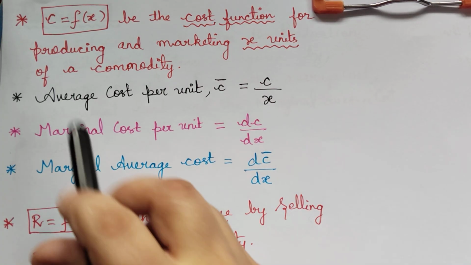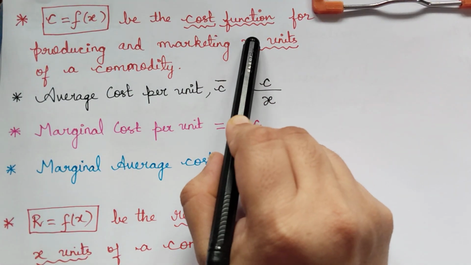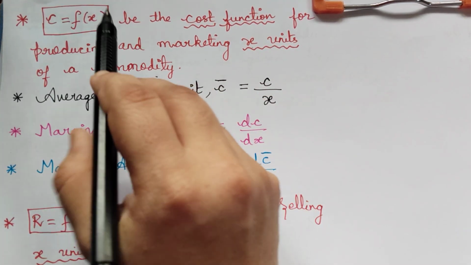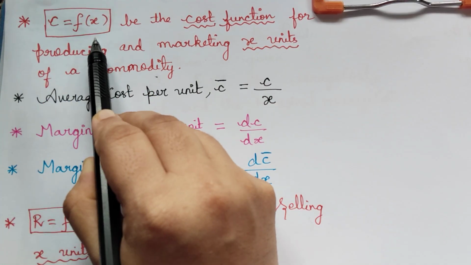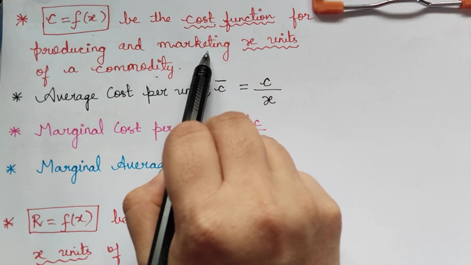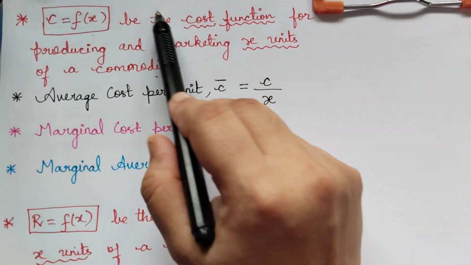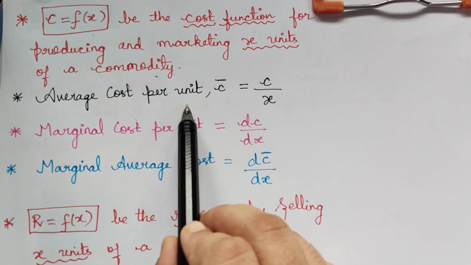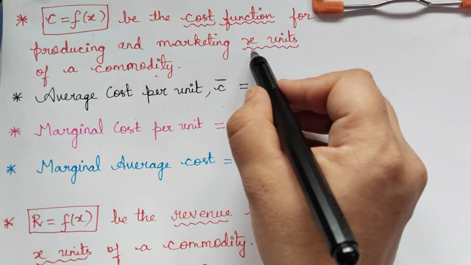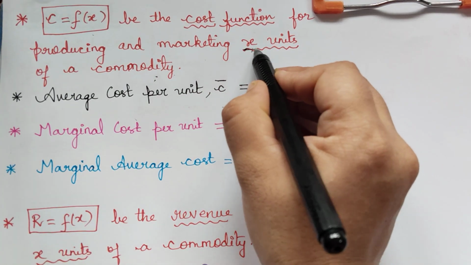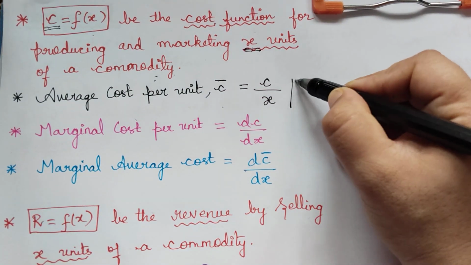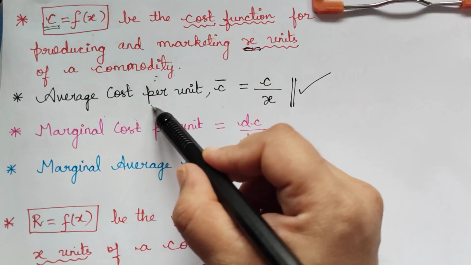If you take C equal to f of x to be the cost function for producing and marketing x units of the commodity, then the average cost per unit will be given by the cost function divided by the number of units of commodity. So C divided by x gives us the average cost per unit.